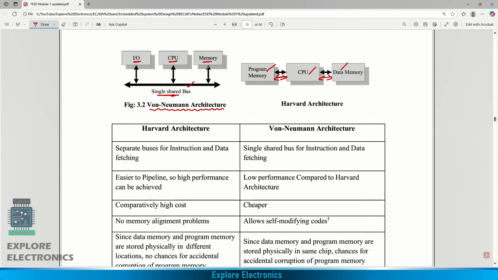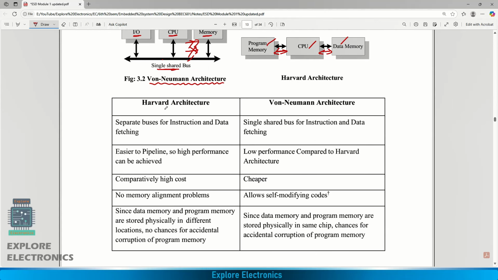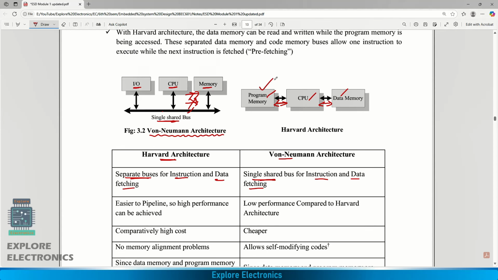But here a shared bus is used, and if you want to communicate with the program memory, it should be once, and after this communication is done, another communication needs to be established. That is the major difference. So in Harvard architecture you can see separate buses for instruction and data, but in Von Neumann architecture we have a single shared bus for instruction and data.